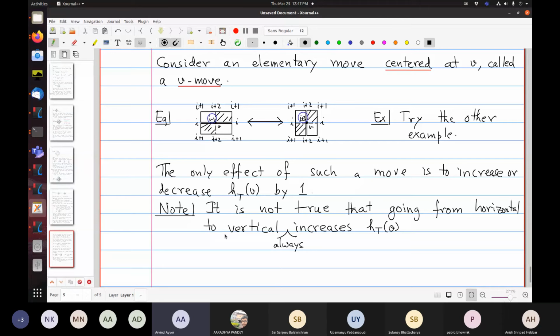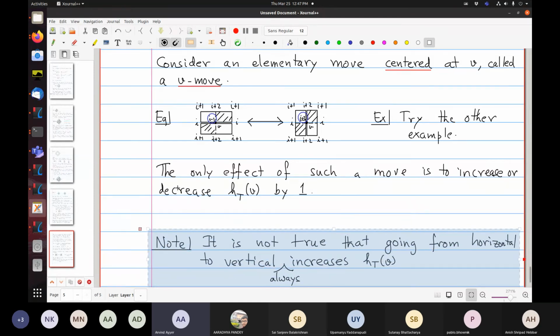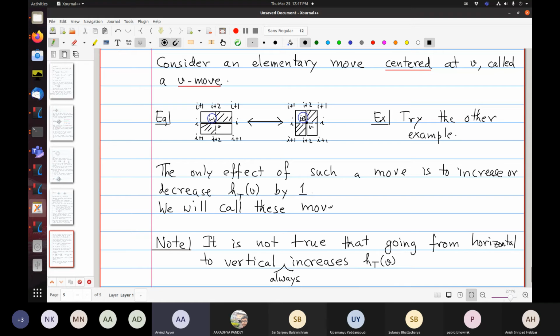Okay. Oh, okay. So I had to make one more remark, which I forgot. So we will call these moves raising and lowering.